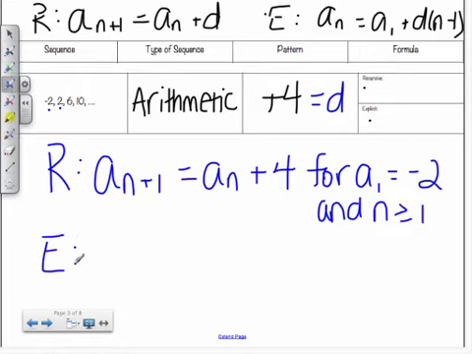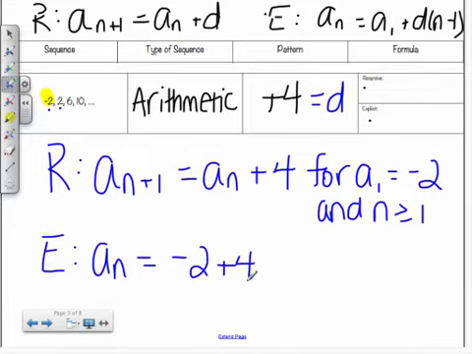Okay, now let's do our explicit formula. In our explicit formula, if you guys look right here, our explicit formula is going to be a sub n equals a sub 1 plus d times n minus 1. All right, so I'm going to say a sub n equals, now I know what a sub 1 is. It's going to be this value right here. So my a sub 1 is -2 plus my d value, which is 4, times n minus 1.